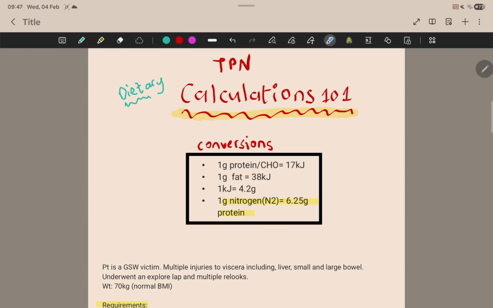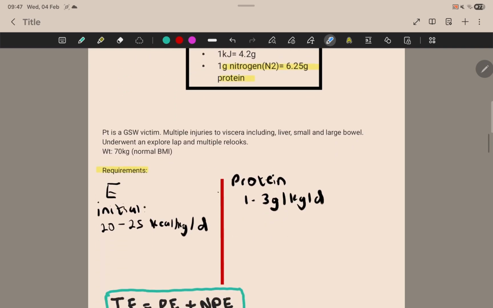We have a case study that says the patient is a gunshot wound victim with multiple injuries to the viscera, including liver, small and large bowel. He underwent an explorative laparotomy as well as multiple relooks. So this patient has undergone extensive surgeries and he is a trauma patient.